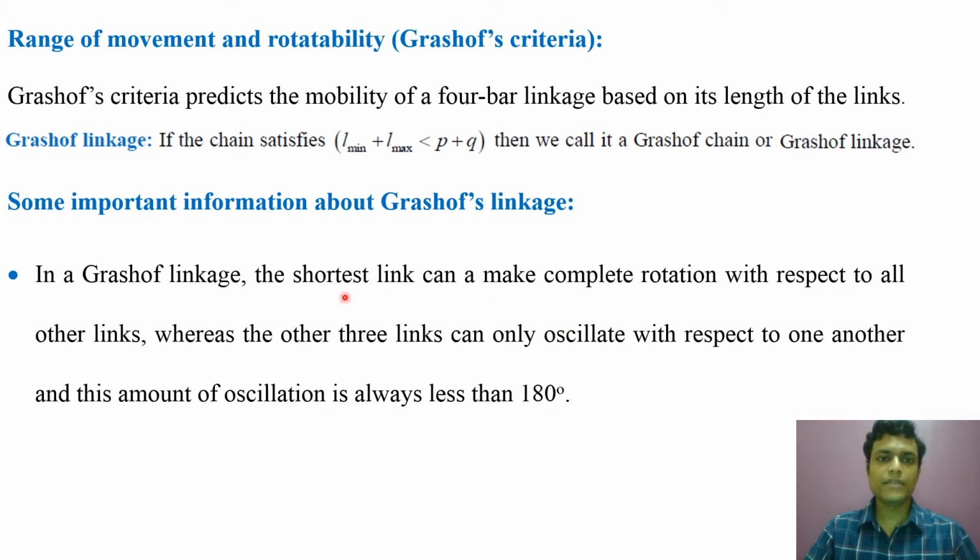So this is a very important point: the shortest link, L, can make a complete rotation with respect to all other links, but the other links can only oscillate with respect to one another, and this oscillation will be less than 180 degrees.